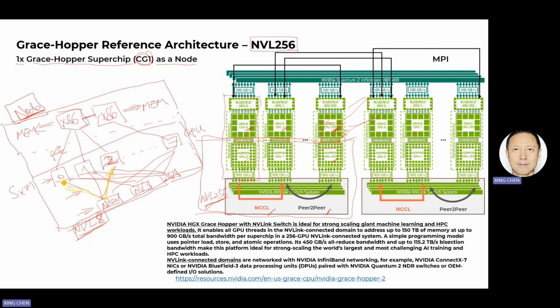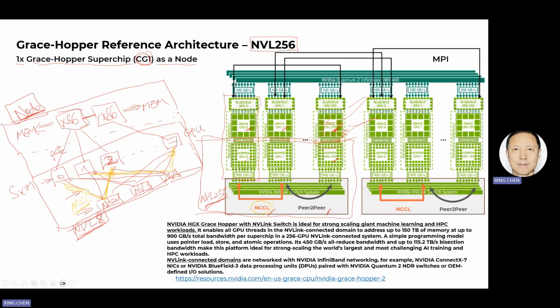If GPU 0 wants to communicate with GPU 2, one way to do it is by using this NVLink network. If your GPU 1 has to communicate with GPU 7, one way to do it is by using this NVLink network and the NCCL communication library. So here you have this NCCL, the NCCL communication library.